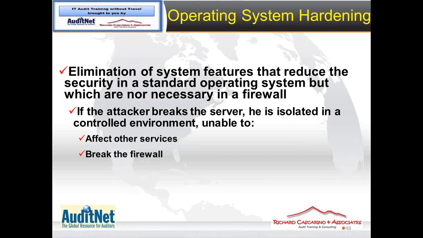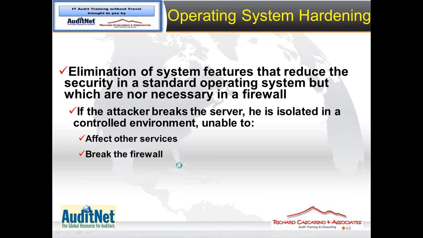So in other words, if the hacker gets through, he gets isolated in a controlled environment and he's unable to get into any other area, any other services, and to break all the way through the firewall. You might be able to break in, you cannot then break out into your home network.